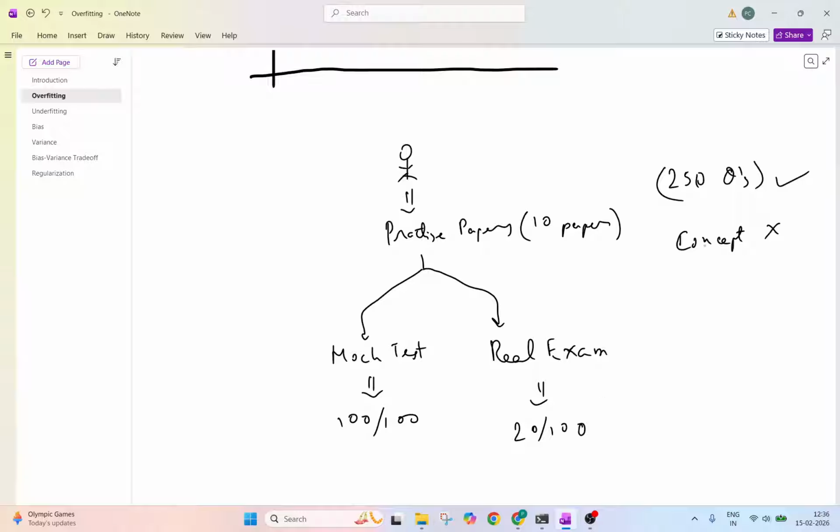You did not understand the concept, so the alien questions, the unseen questions, could not be answered by you. You could only answer the 20 questions that were common from the question bank. That's why, although you prepared really well, you got only 20 out of 100. And this is a classic case of overfitting.